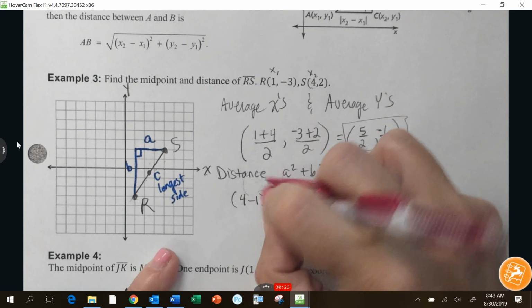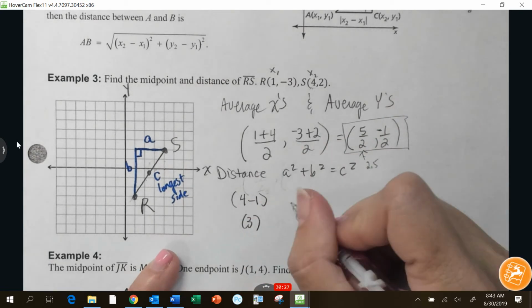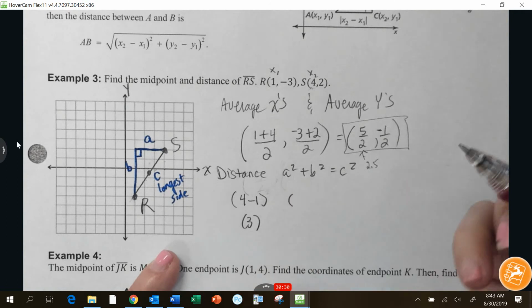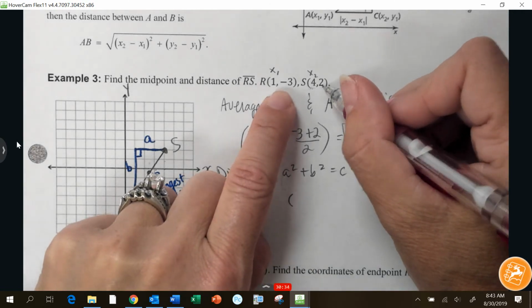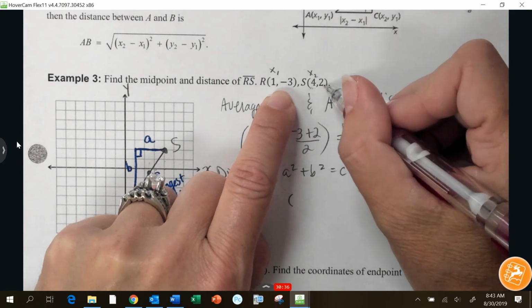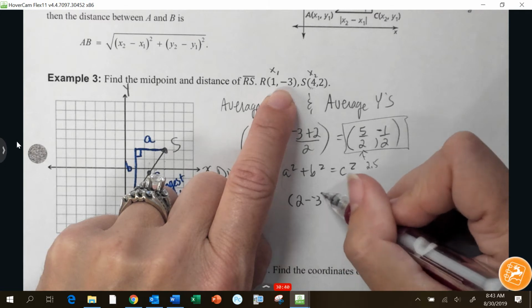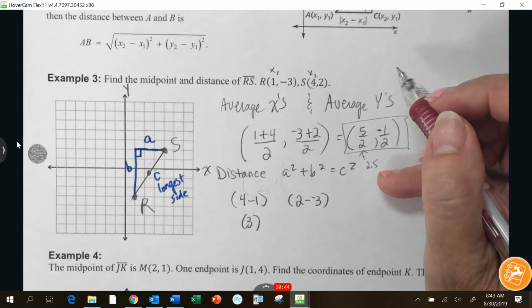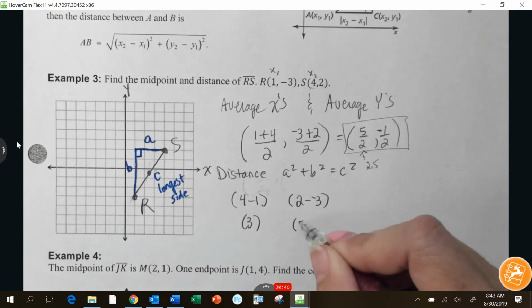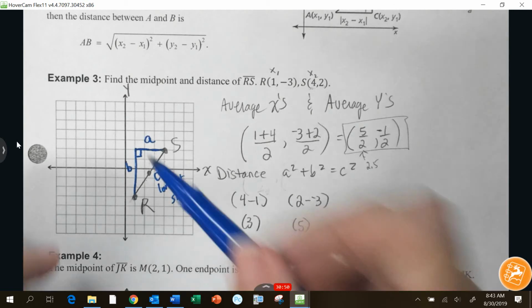Okay, I'm also going to subtract the y's. So I'm going to look at what's the difference between a -3 and a +2, or 2 minus -3. How far apart are they? They're 5 blocks, and you can see that and count on the graph also. So this is 3 and this is 5.